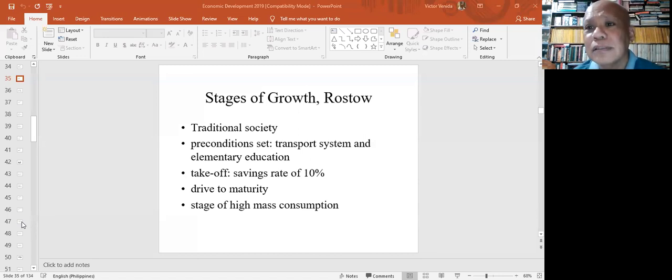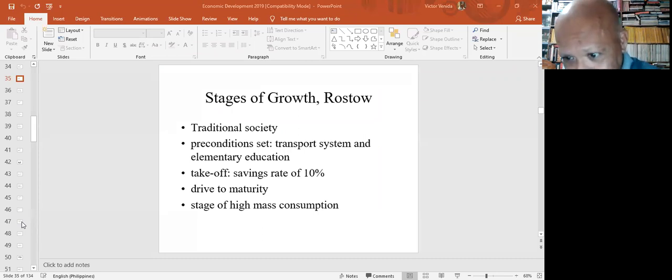Then, with more and more incomes being earned and greater and greater savings being generated, allowing for more funds for further investment, the Western European and North American countries attained what would be called a developed economy status, and that is the economy that has reached the stage of high mass consumption.